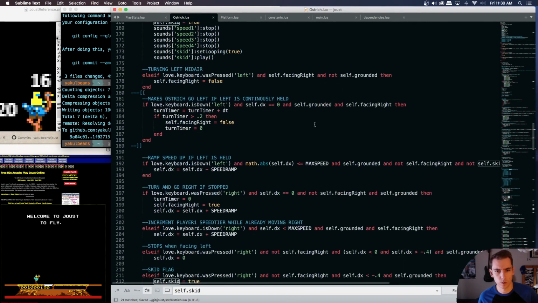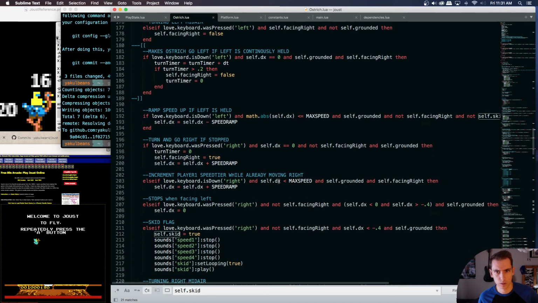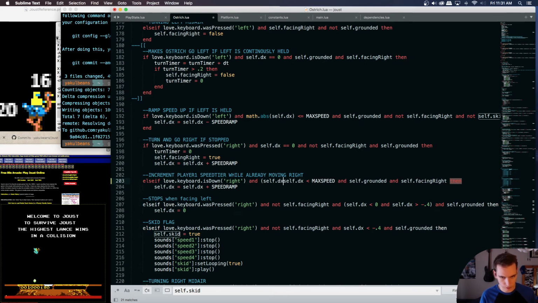So what about my right logic? Self.dx. Didn't I already try this? Self.dx has got to be bigger than 0, meaning moving right, but it's also got to be smaller than or equal to max speed.